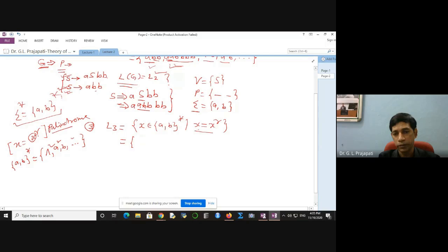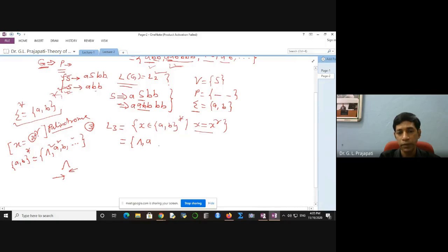And you have to see whether the null string can satisfy this property. Yes, you can read from left to right or right to left, there is no change in this case. It remains the null string. So the null string will be in this language. Now you have the string of length 1, A. Yes, this also satisfies this property.